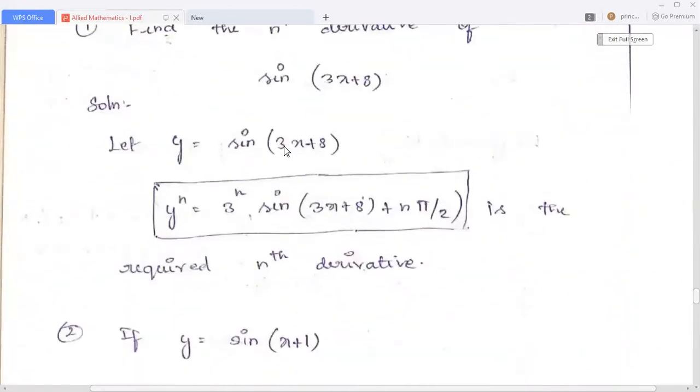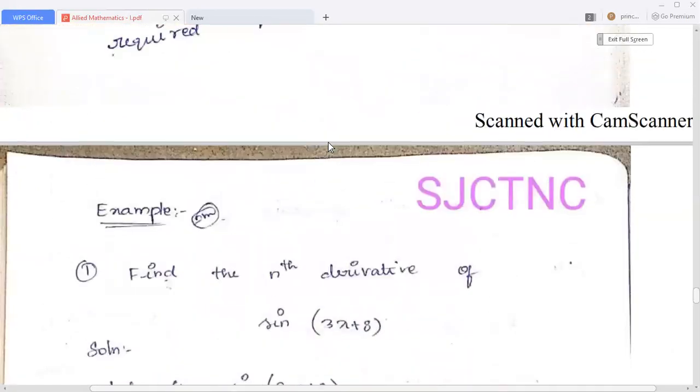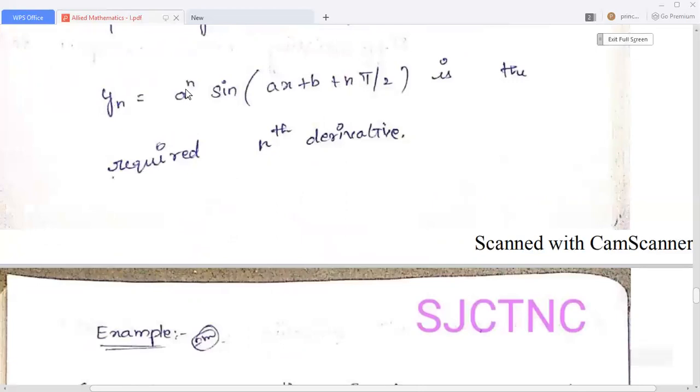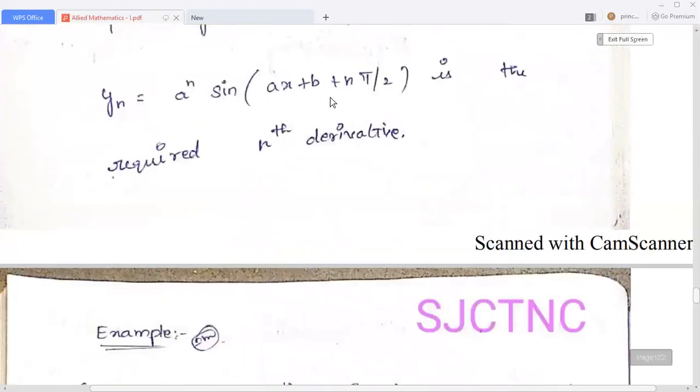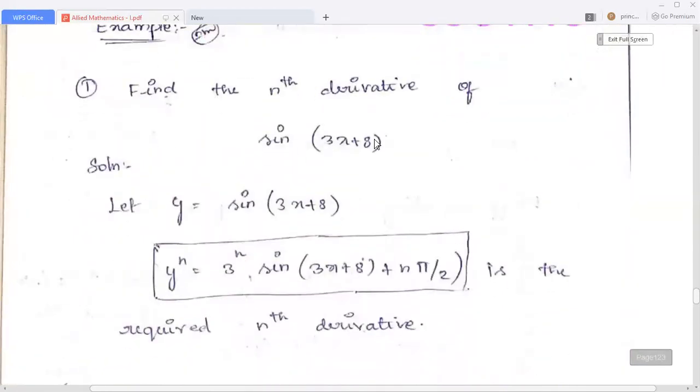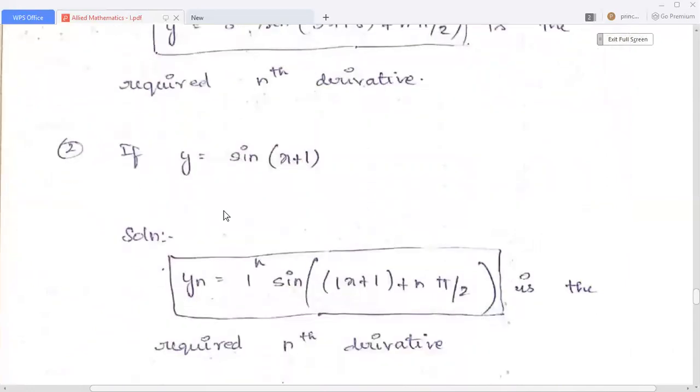So instead of a we have 3, instead of b we have 8. Therefore the nth derivative is, instead of a we write 3 power n, instead of b we write 8. Therefore nth derivative is yn equal to 3 power n sine of 3x plus 8 plus n pi by 2, is the required nth derivative.